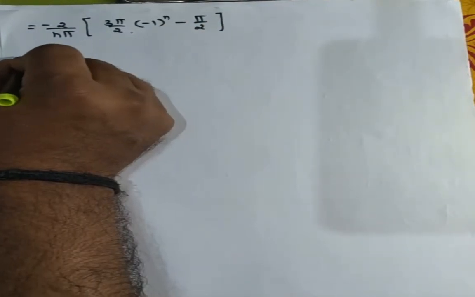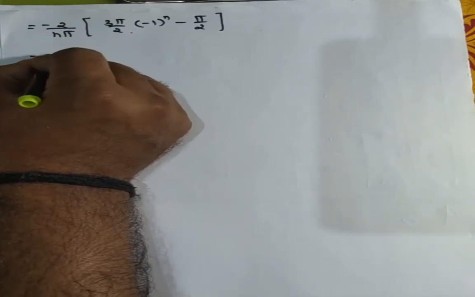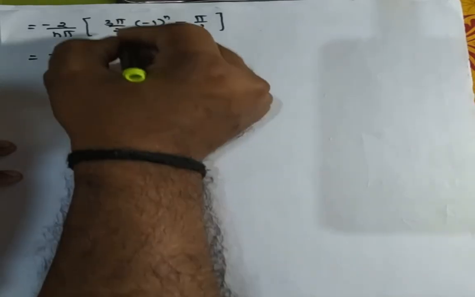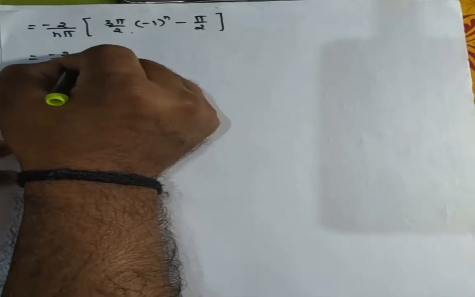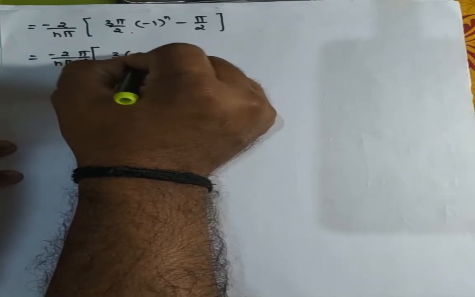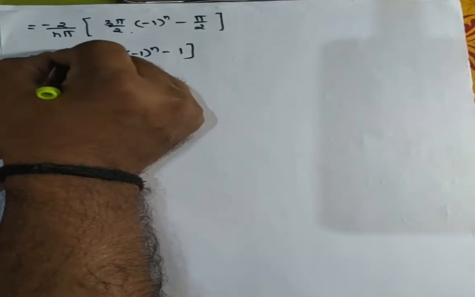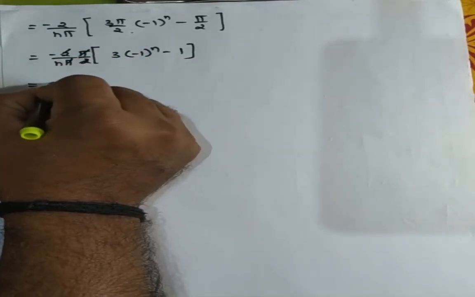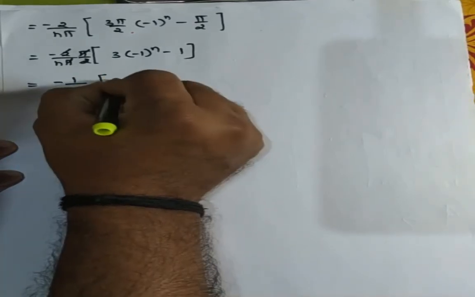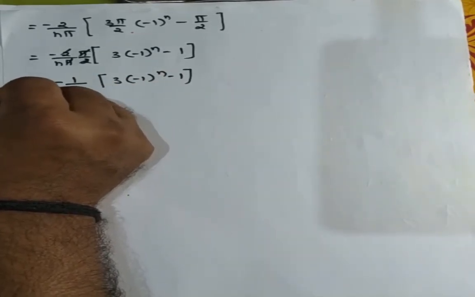So you can write like this: minus 2 divided by n pi, bracket. If I take pi by 2 common outside, what is remaining? 3 minus 1 raised to n minus 1. So 2 gets cancelled, pi gets cancelled, so minus 1 divided by n into bracket 3 minus 1 raised to n minus 1. So this is the value for bn.